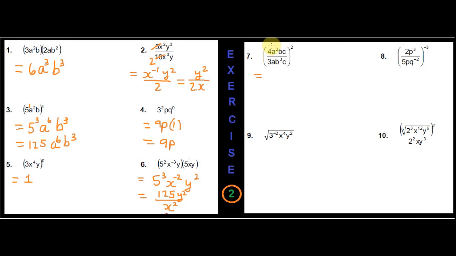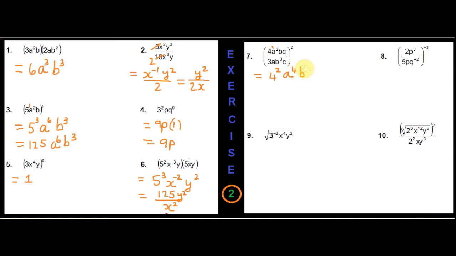So there's a power here of 1 with a 4. So 1 times 2 is 2. Then we multiply the powers here. So a to the 2 all squared will be a to the 2 times 2, which is a to the 4.